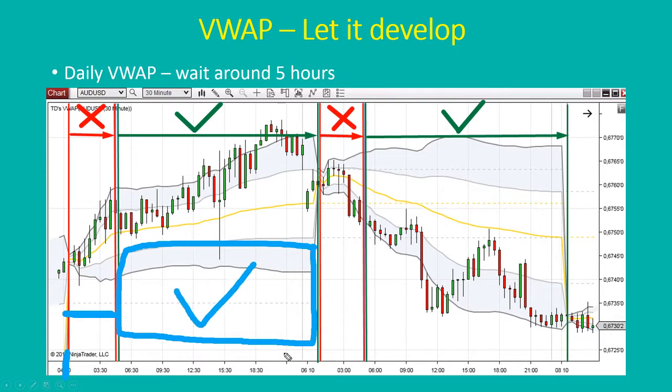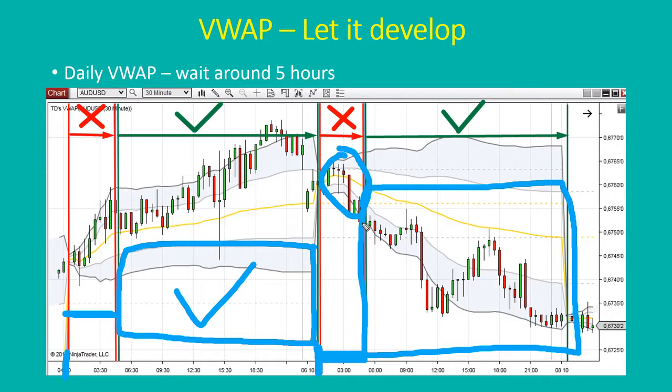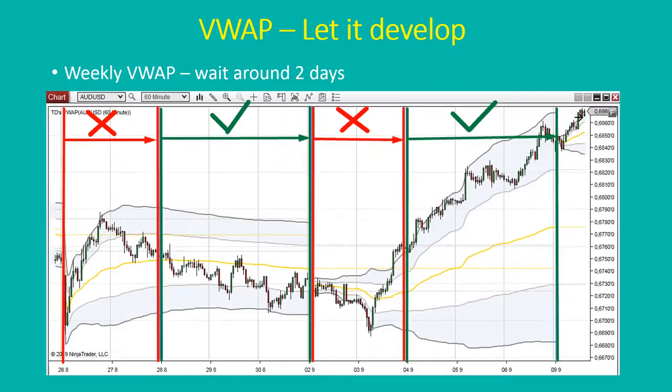It's alright to trade using the VWAP. Then the next day begins in here, and again you wait 5 hours, this whole period, before you start using the VWAP. Again, you need to give it some time to develop. So it starts to develop in this area, then it's fully developed and you can start trading using it. Alright, so in this area until the end of the day, it's okay to trade with VWAP. Alright, so that's the daily VWAP.